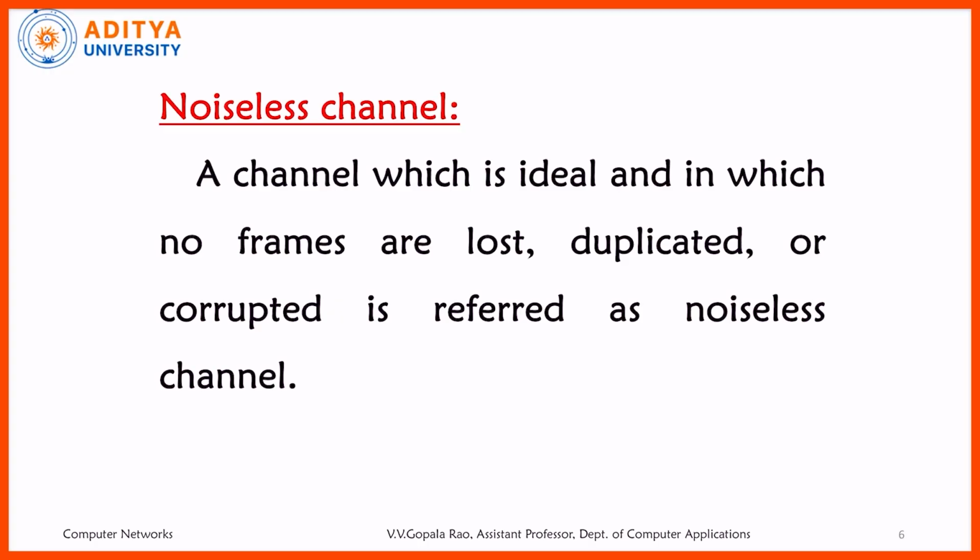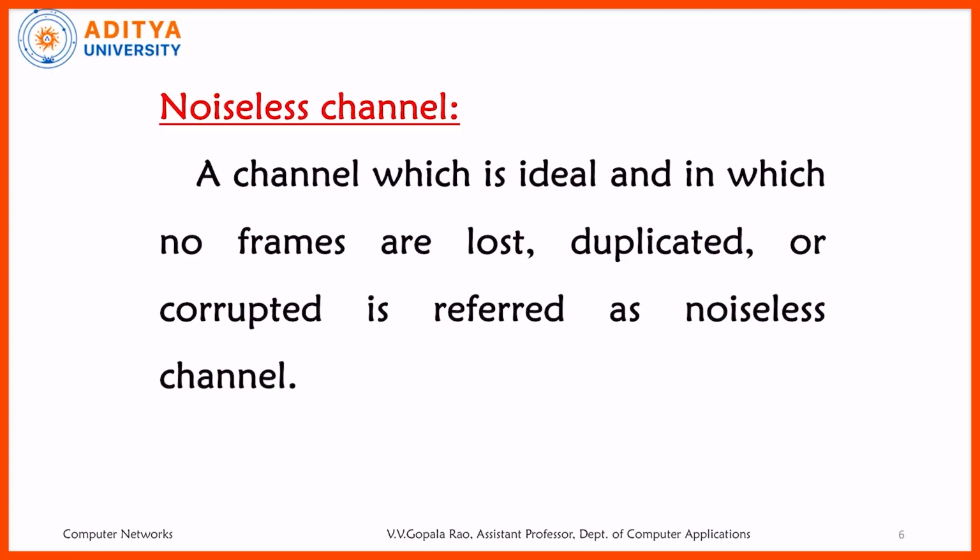A noiseless channel is an ideal channel in which no frames are lost, no frames are duplicated, and no corruption can take place with respect to the frames once they travel from the sender to the receiver and reach the destination.